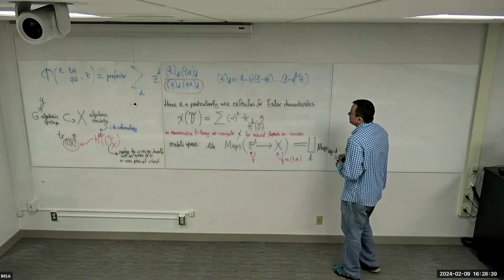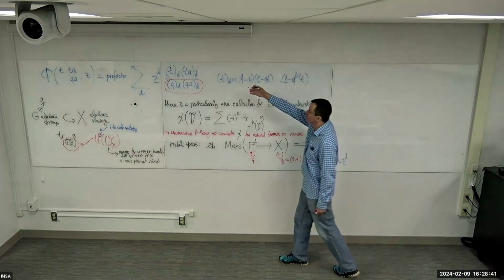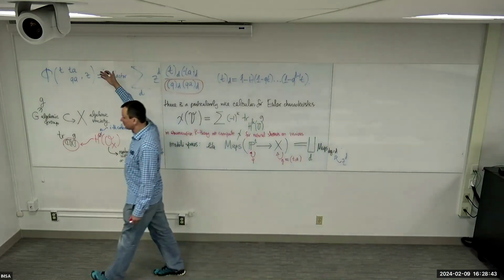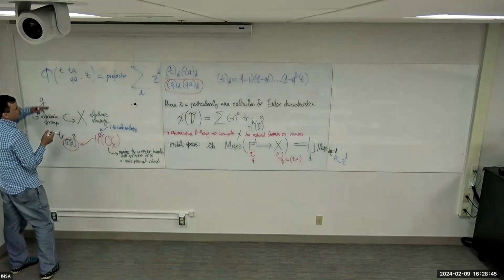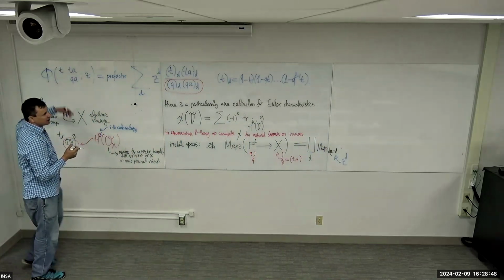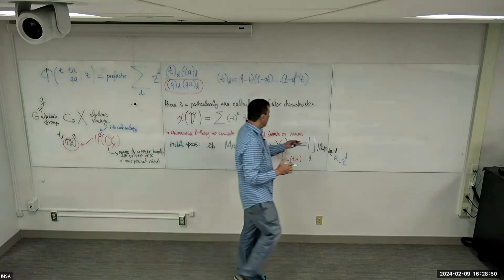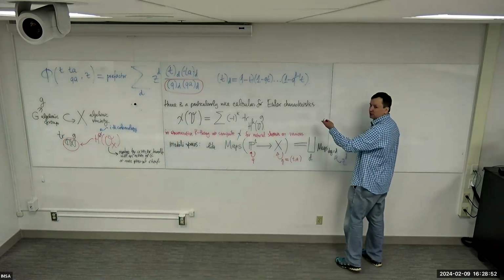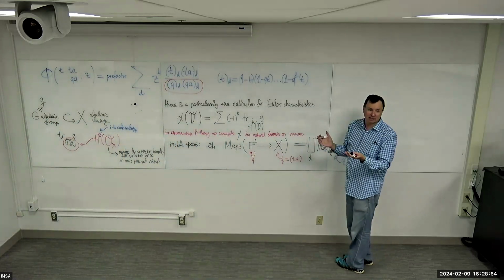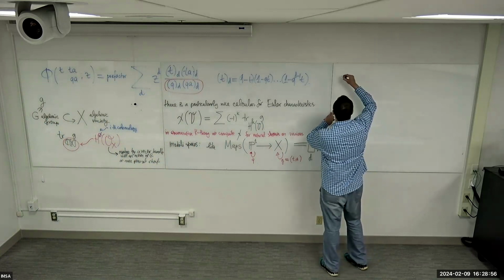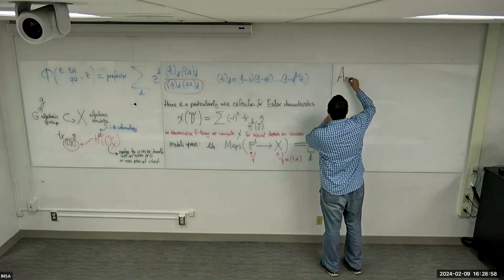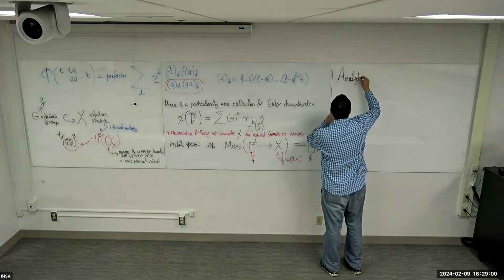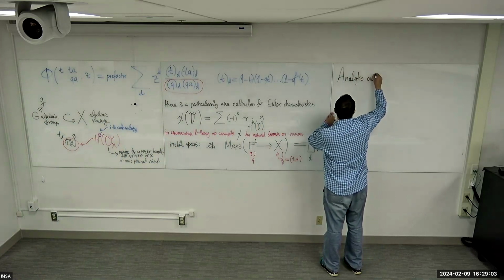In the end, we were interested in some combinatorial, maybe analytic properties of this function. So how can any geometric consideration help with any sort of analytic property? So just write it like this.